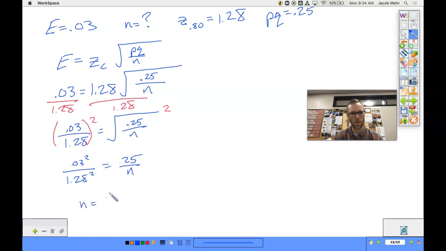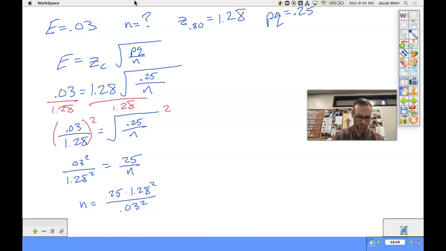N equals 0.25 times 1.28 squared over 0.03 squared. So we get N is about 455.1 repeating.